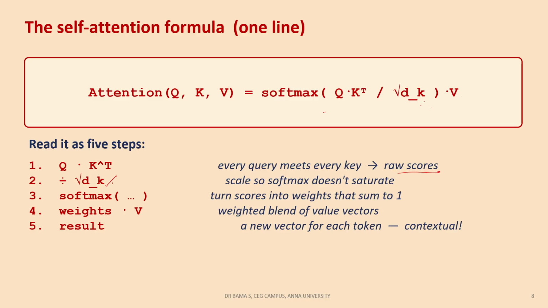Softmax converts the values into probabilities so that they sum to 1. This weight multiplied by the value V gives a weighted blend of the value vectors, which is the result of attention.